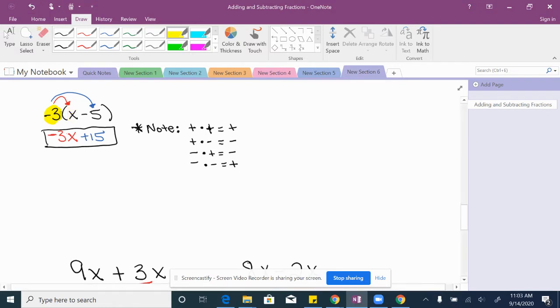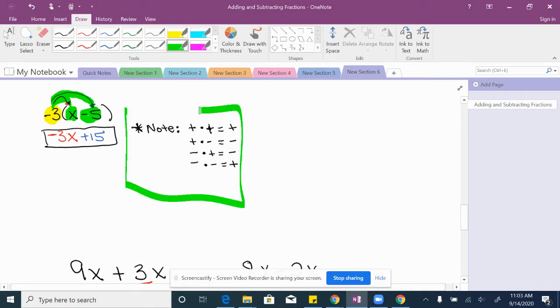Negative 3 is being multiplied by x, and that's negative 3x. Negative 3 is also being multiplied by negative 5, which is positive 15.